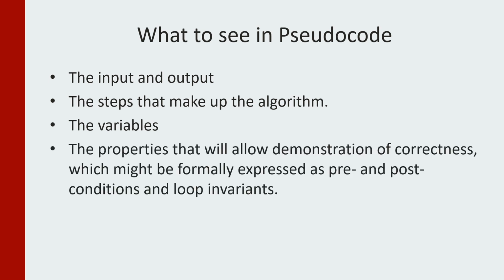The last thing that I have here is the properties that will allow a demonstration of correctness, which might be formally expressed as pre and post conditions and loop invariants. This one's a little bit more involved than what we've seen before, but basically you want to ensure that your algorithm actually gives you the correct outputs for the inputs that you give it.